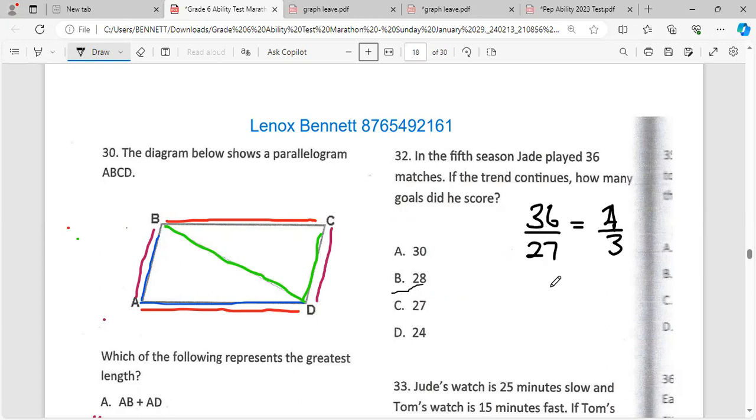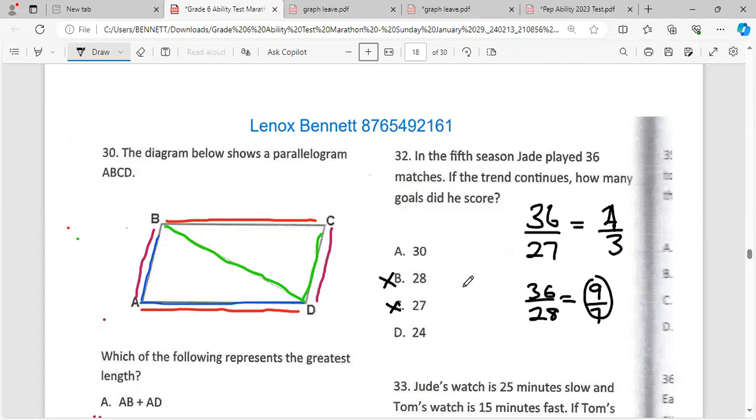Let us see if it's 28. We can use 4, right? 4 9s are 36, and 7 4s are 28. So we can eliminate these 2 because they don't work out to 3 over 2.